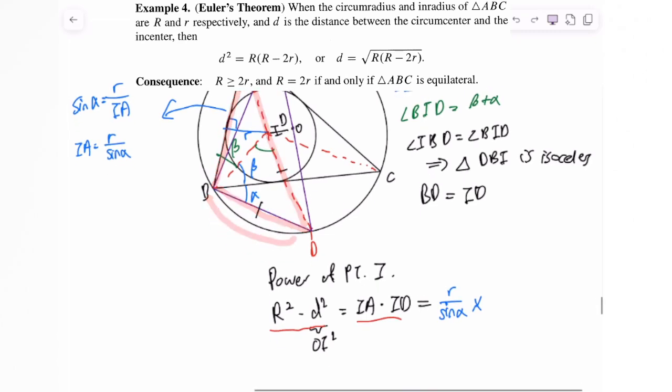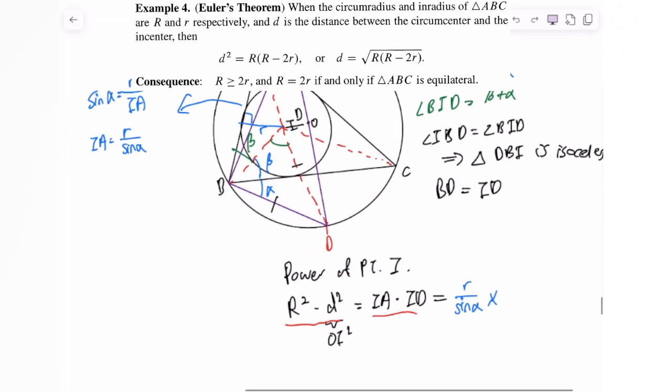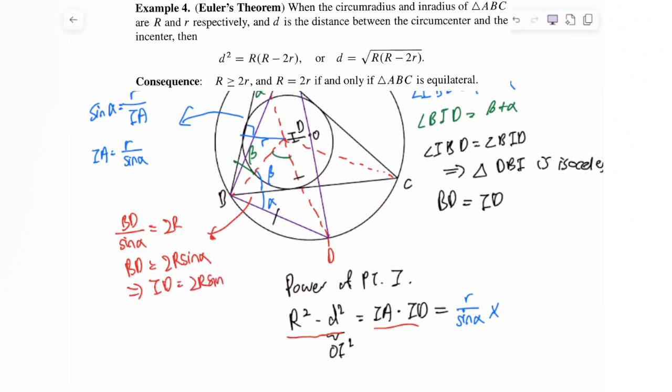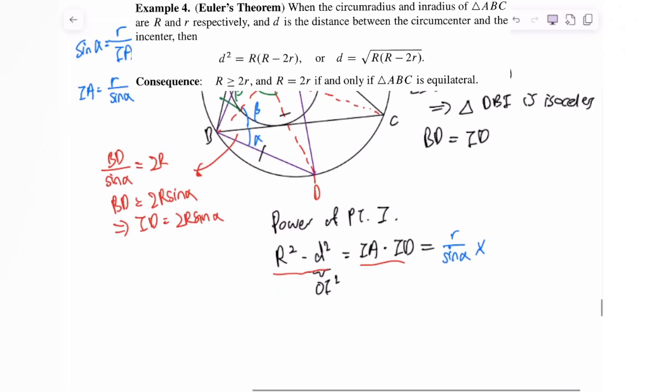So by sine rule on triangle ABD, side note again, BD over sine alpha equals 2R. This is the extended sine rule. So BD equals 2R sine alpha, and hence ID is 2R sine alpha also, due to isosceles.